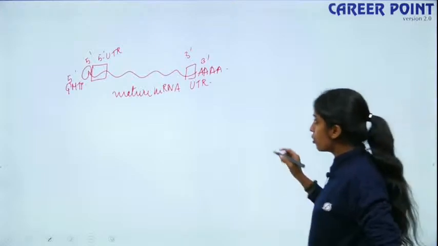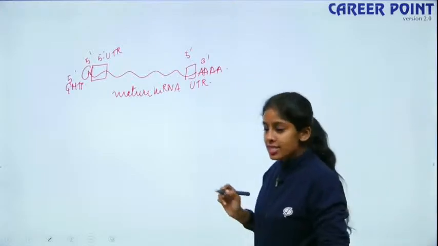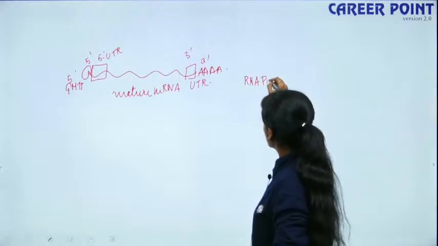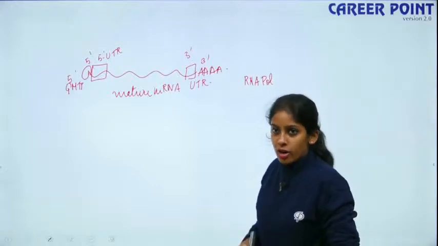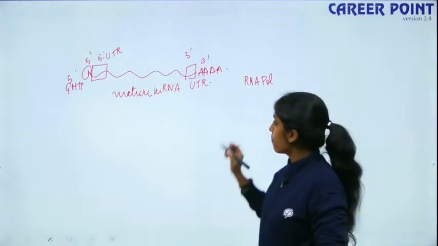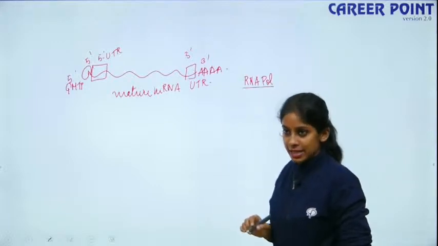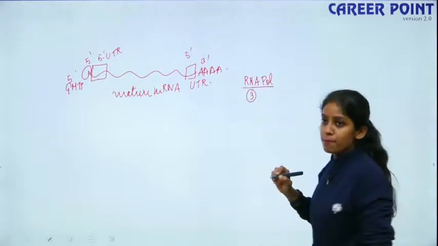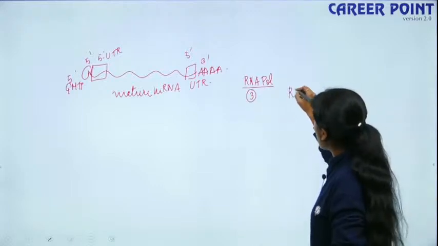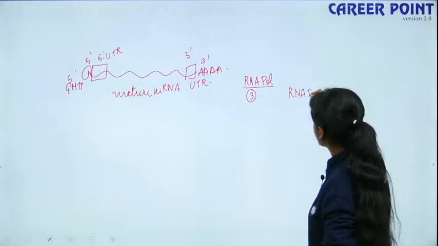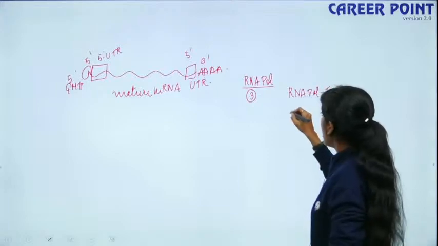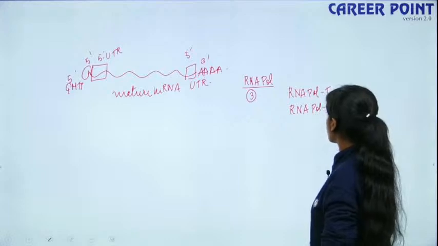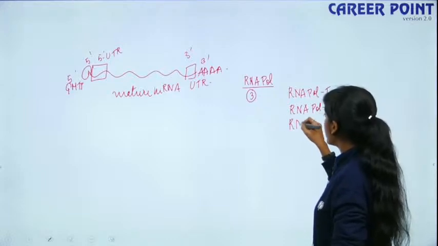So now before that, so who catalyzes this reaction? RNA polymerase. So in your prokaryotes, you have only one RNA polymerase, so this process is easy. In your eukaryotes, you have three types of RNA polymerase. So I have RNA polymerase 1, I have RNA polymerase 2, then I have RNA polymerase 3.